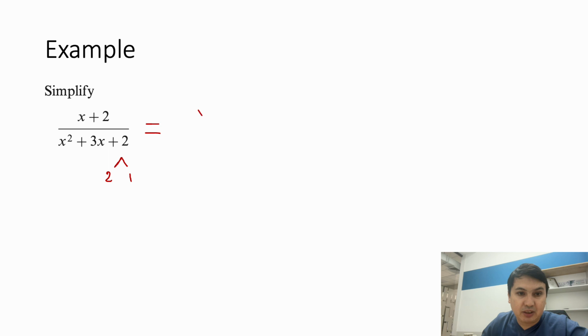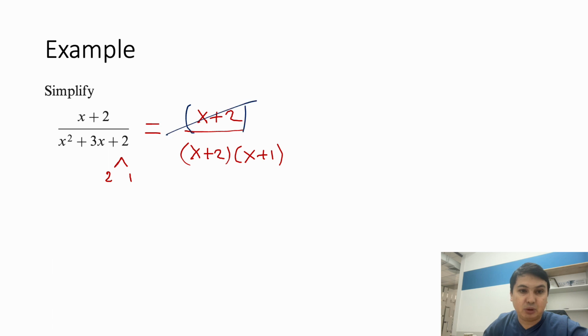So I can factorize my denominator as x plus 2 and x plus 1. Now I see that I have the x plus 2 term here and here, so they cancel. Hence I am left with 1 on top and x plus 1 at the bottom.